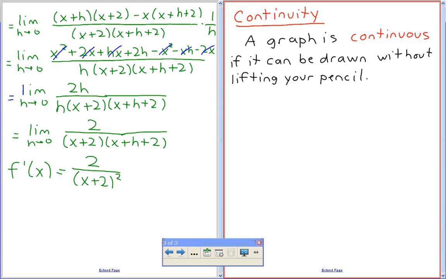Okay, why do we care? The reason that we care is that you cannot take the derivative of a function unless it's continuous. So we have to check for continuity here.